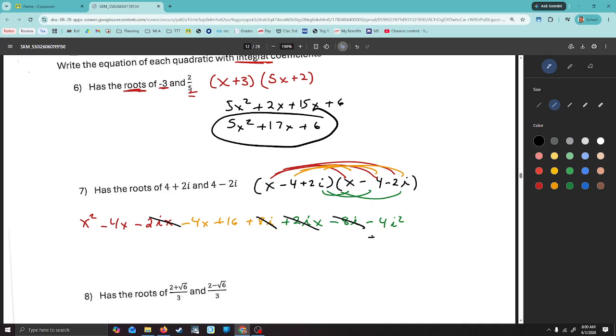Negative 4i squared I could rewrite as plus 4 because the i squared is negative 1. Yep. And then you just combine like terms. x squared minus 8x plus 20. Yeah, that's it. If you do this correctly when you distribute the i's, there should be no i's left over. It should just be normal numbers.